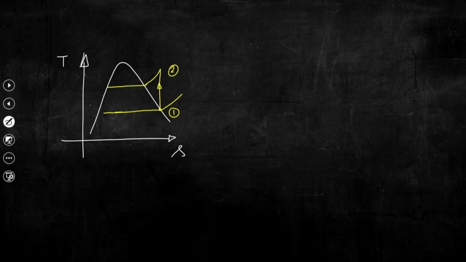This pressure is P condenser, and this is P evaporator. Right. So, what we can understand is that now process 1 to 2 is a reversible adiabatic process, the compression process.